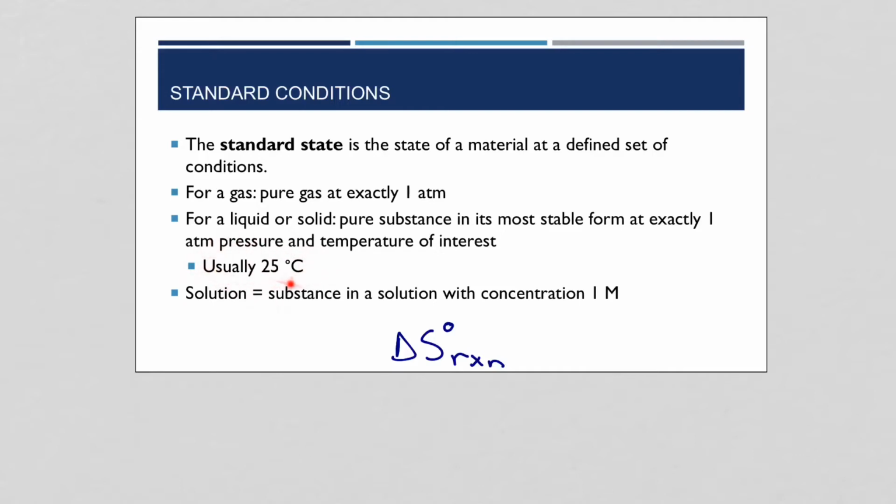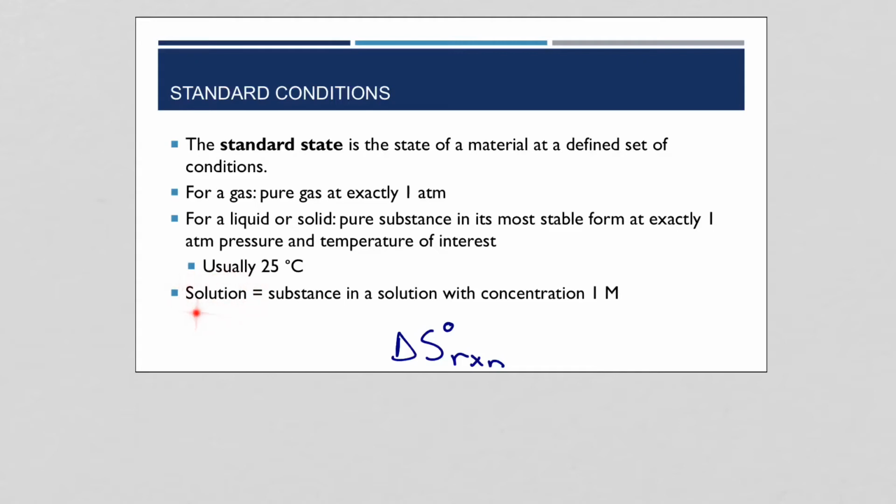Now, usually the temperature we define it at is 25 degrees, but it could be at any temperature, right? If we define it at 25 degrees, well, then the standard state for, say, water would be a liquid.